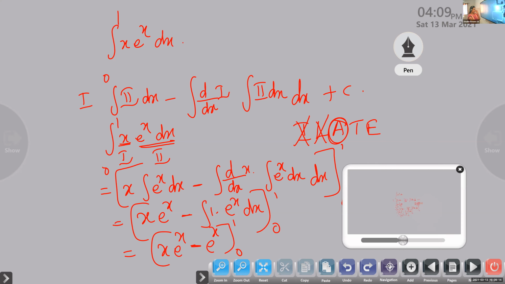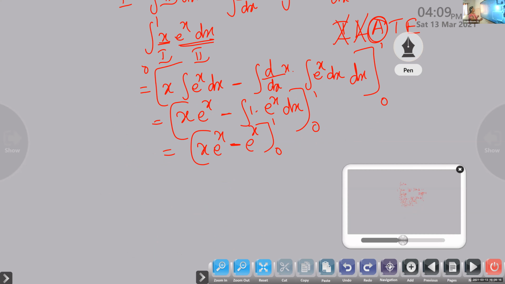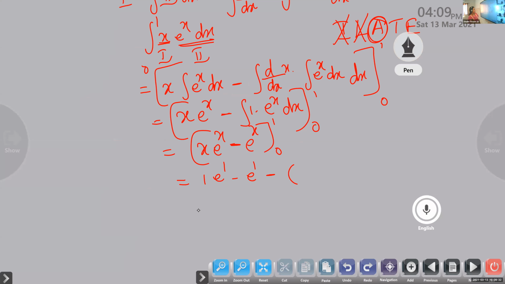Now apply upper limit minus lower limit. So when you apply the upper limit, 1 into e raised to 1 minus e raised to 1, minus, 0 into e raised to 0 minus e raised to 0. Minus of minus is plus, so here these two will get cancelled.